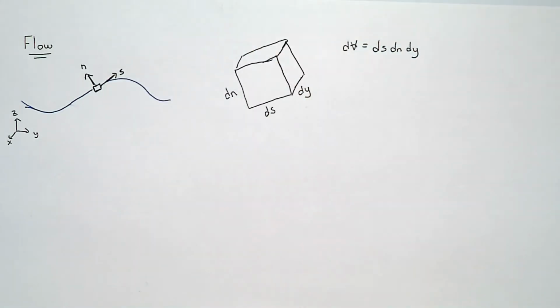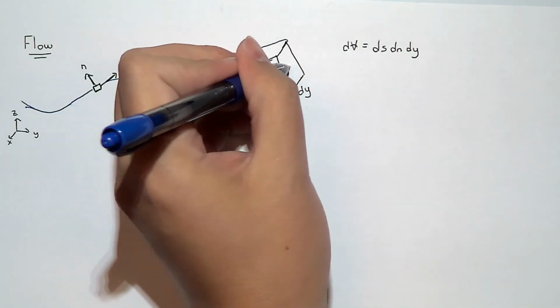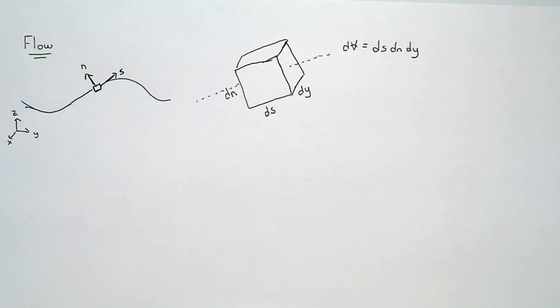Now, if I say that this little control volume is located at my streamline, which means that the streamline passes through the control volume like this, then what would the cross-sectional area be?